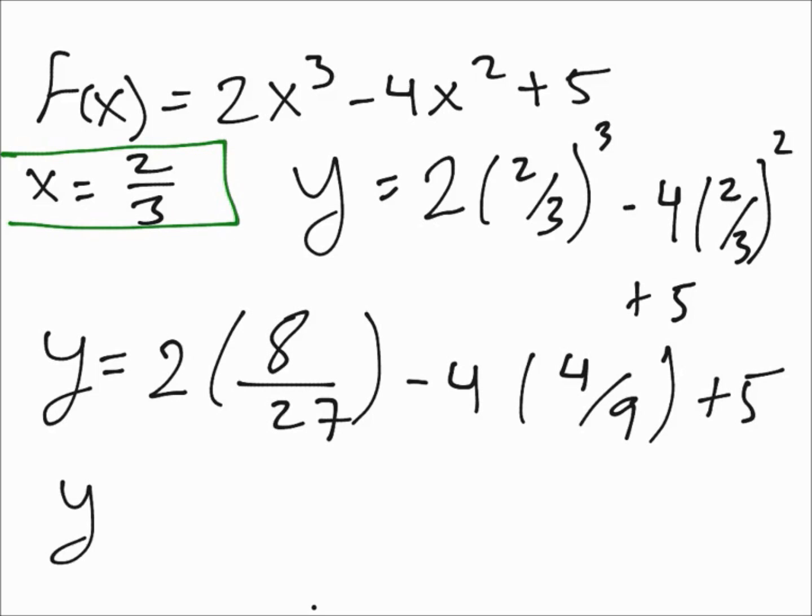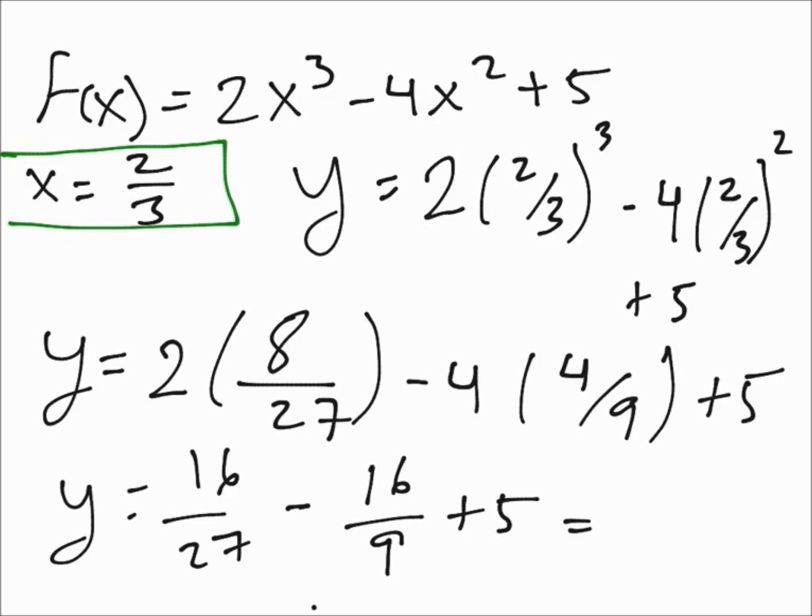So we get 16 over 27 minus 16 over 9 plus 5, and that is 103 over 27, or 3.81. So you could write your inflection point as (2/3, 103/27). Sorry, let me fix that.